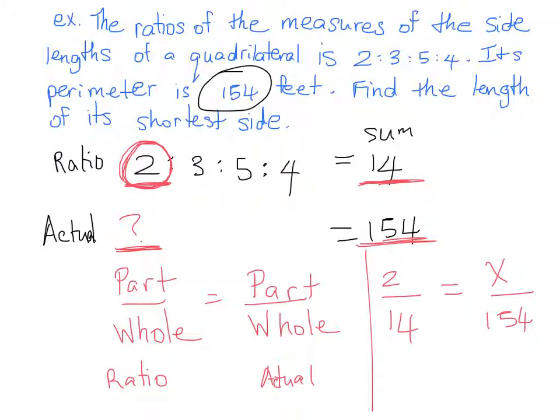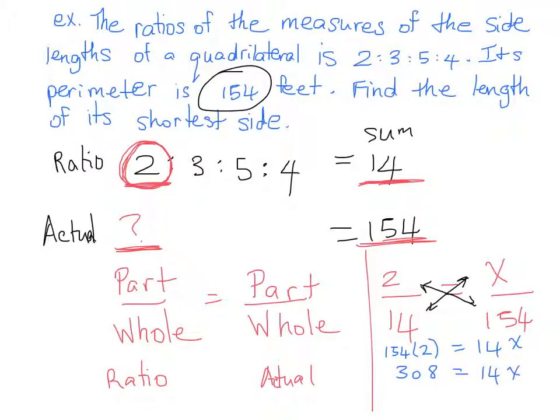Remember, cross multiply, you're going like this and this, and we get 154 times 2 on the left side, and on the right side we get 14x. Now 154 times 2 is 308, and that is equal to 14x.